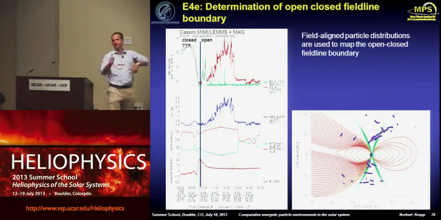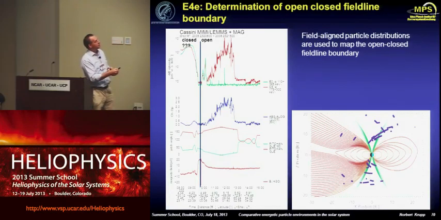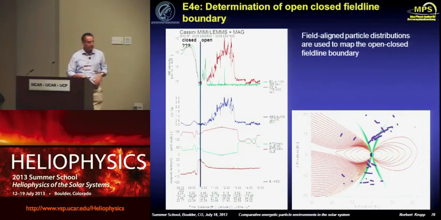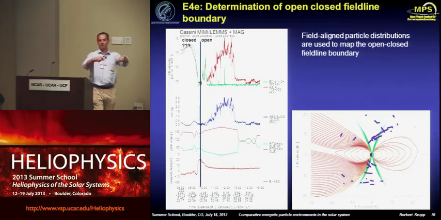They're not going back into the other direction. So this tells us that you have crossed the boundary between a closed field line and an open field line. By doing this and mapping this into a magnetic field model, you find out where your open-closed field line is, and you can map it then down onto the aurora, and you will find the main oval of the Saturn aurora quite nicely.